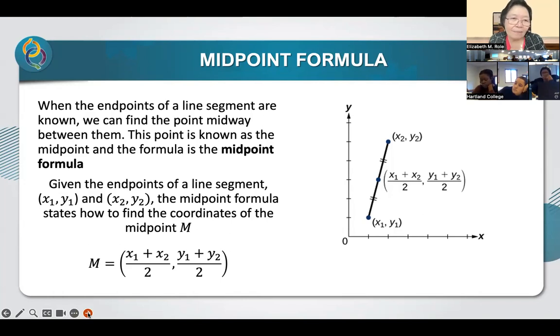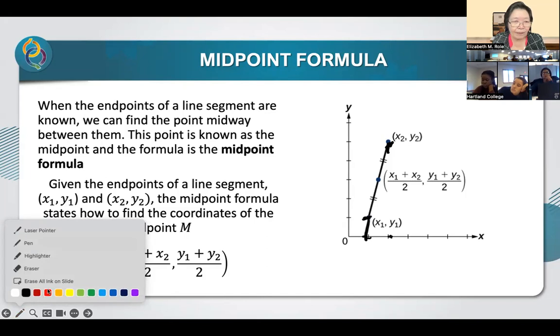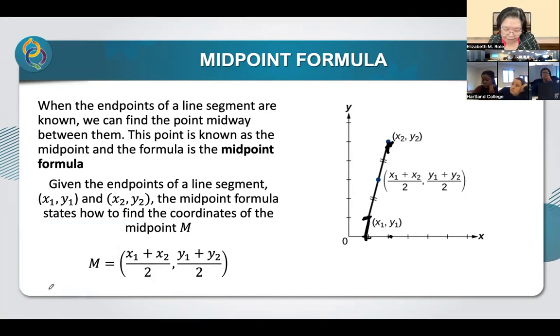So if you are given the endpoints of a line, x sub 1, y sub 1, and x sub 2, y sub 2, the reason why it is a plus is because x sub 2 is actually the distance from this point to this. This is your distance. Let me make that red so that it's easy for you to see. The x sub 1 is this distance from the origin. The distance of x sub 2 is that length.